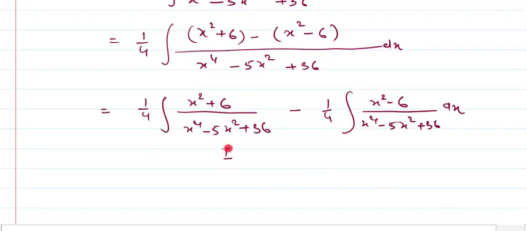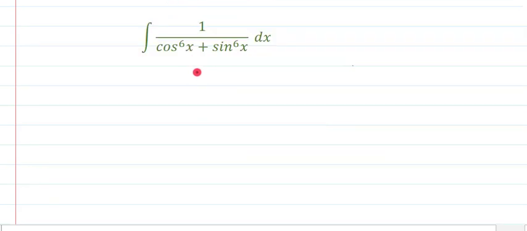Now you know very well that we need to name them as I1 and I2. First of all, simplify I1, and I hope you can easily find the integration of I1 as well as I2, and you can simplify the question very easily. So look at the next problem in front of you.